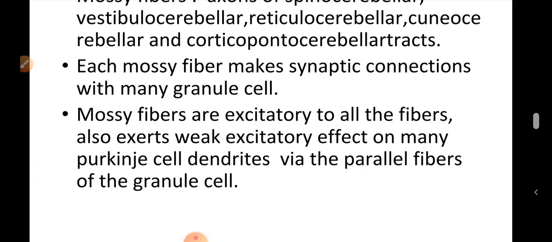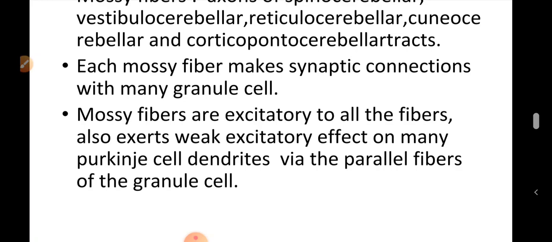Thus the climbing fibers excite a single Purkinje cell, whereas mossy fibers, through the granule cells and parallel fibers, fire several thousand Purkinje cells. So both the climbing fibers and the mossy fibers of a sensory input exert an excitatory influence on the different cells of the cerebellar cortex.